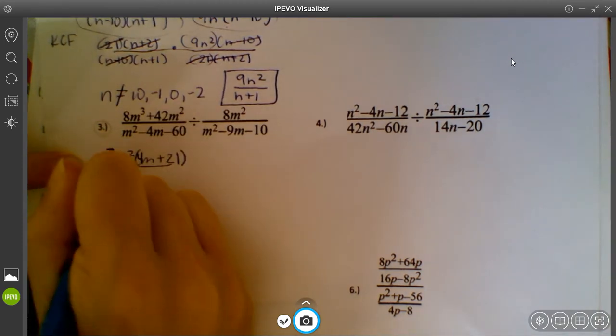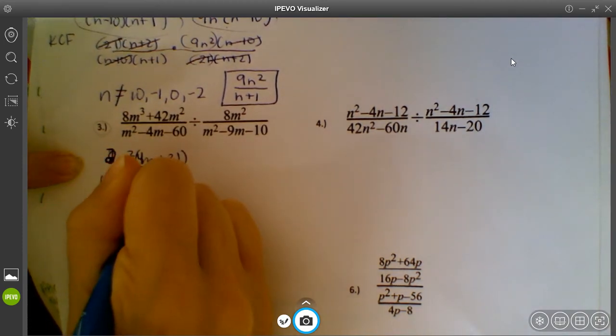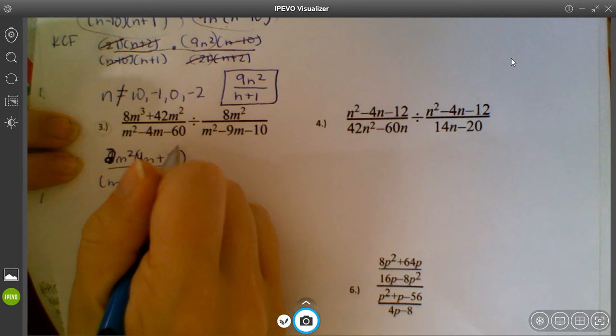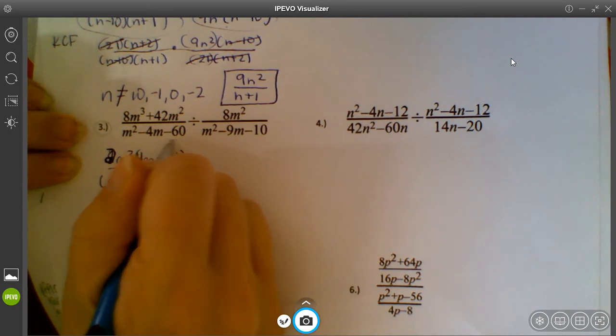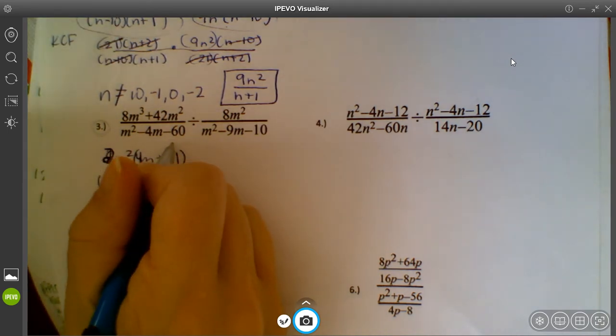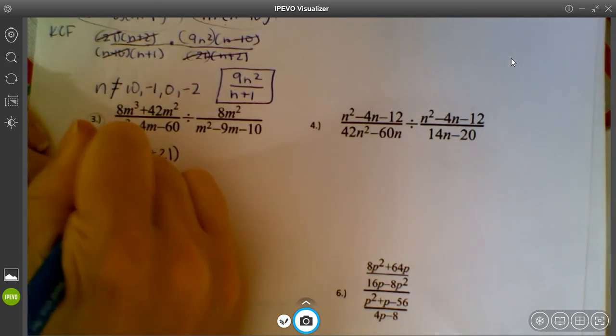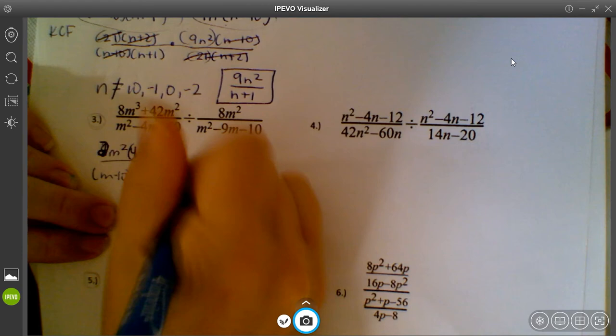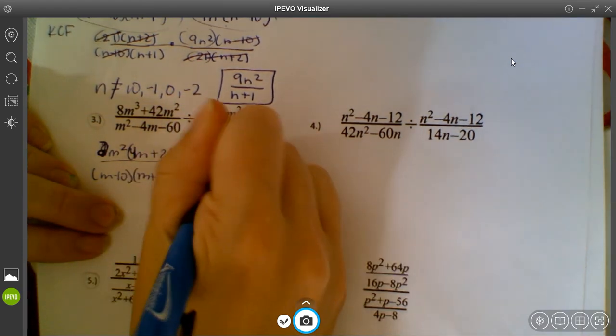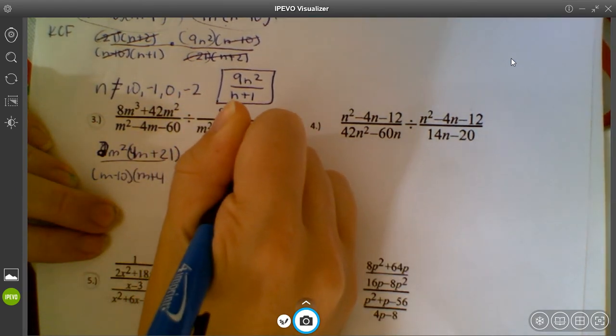The bottom is simple factoring, m, factors of 60 that give me 4, and it's negative. So I could do 6 and 10, where it's a negative 10, positive 4, divided by, okay, this is still 8m squared.